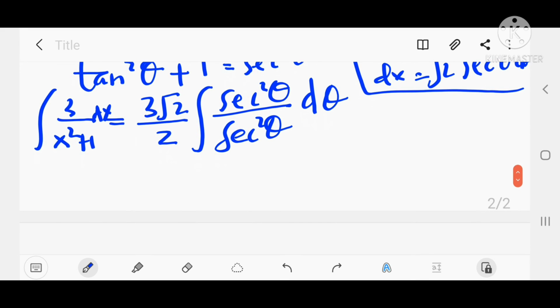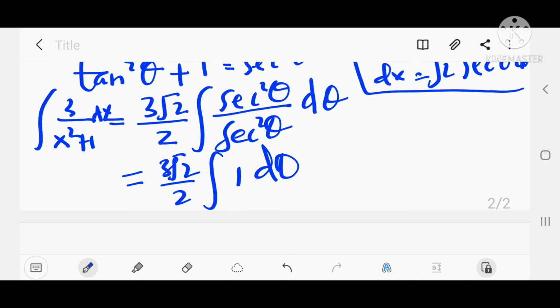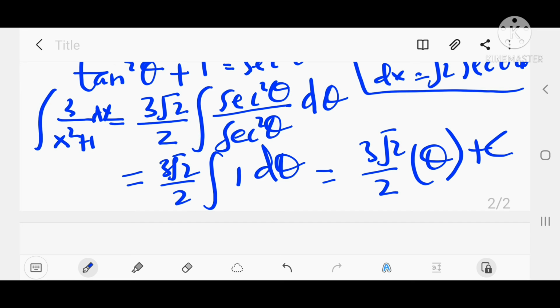This implies 3 root 2 on 2 times the integral of 1 d theta. When we integrate this, we get 3 root 2 on 2 theta plus c.